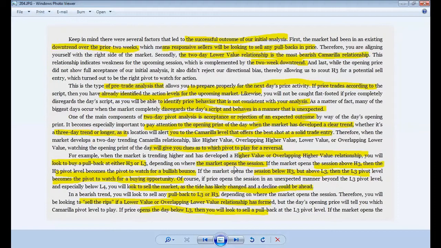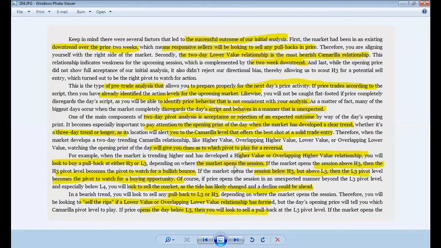So what this actually helps us with is that before going into the next day, we were able to make some pre-trade analysis. So that is going to give us an edge in the overall trading. As per the lower value or higher value relationship, so as per the bias, if the opening print of the candle plays an important role, then that means we are going to be prepared for such a movement, and we will be able to execute the trade based on that.